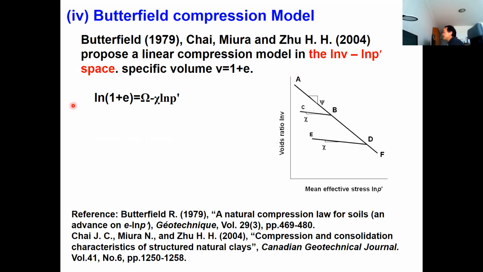So in the Butterfield model, you have log 1 plus e equals omega plus psi log p dash. In the same way, if you know the stress, and you work out the model parameters omega and psi, you can work out log 1 plus e. If you know the value of log 1 plus e, then you work out the value of void ratio e. A compression model is a model to help you determine the void ratio of soil.